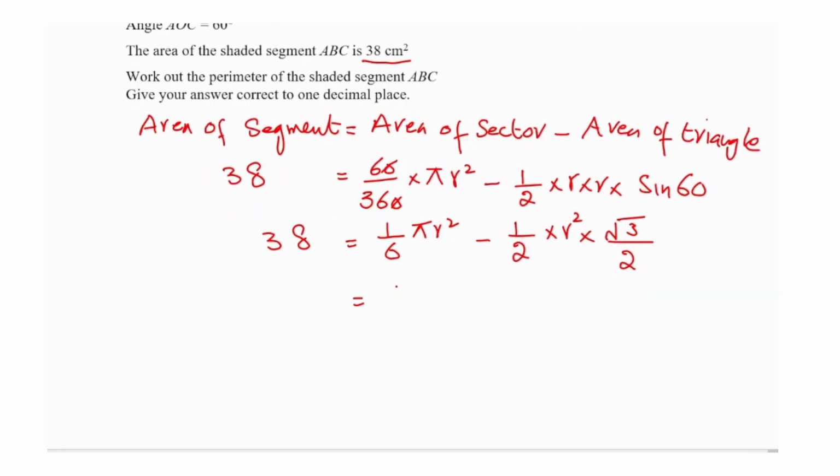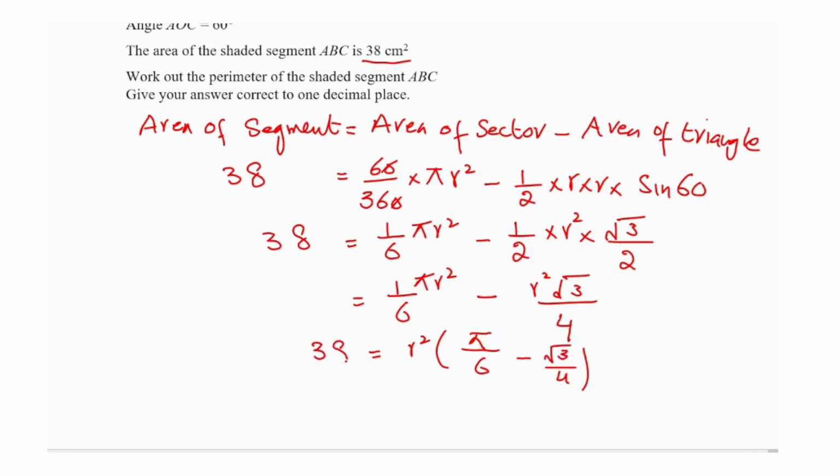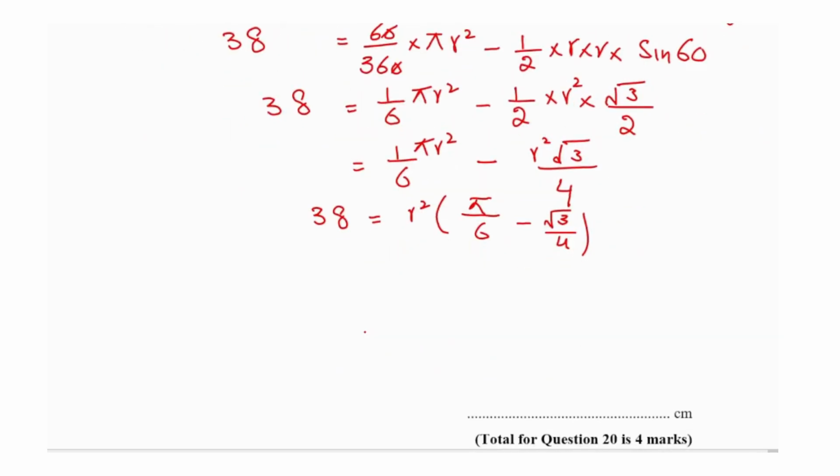So 1 over 6 pi r squared minus r squared root 3 over 4, since 2 times 2 is 4. Now we factorize with r squared. So we get pi over 6 minus root 3 over 4, all times r squared, is equal to 38. Now we divide both sides: 38 divided by pi over 6 minus root 3 over 4 is equal to r squared.